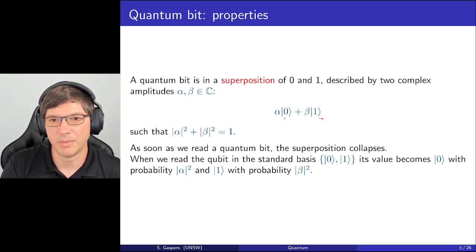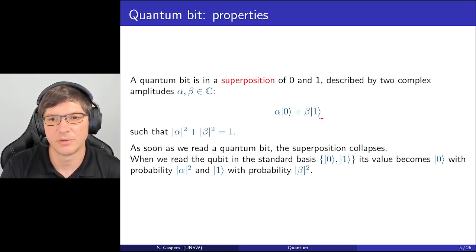So the status of our qubit is alpha times ket 0 plus beta times ket 1. And we have the property that the absolute square of alpha plus the absolute square of beta is equal to 1.